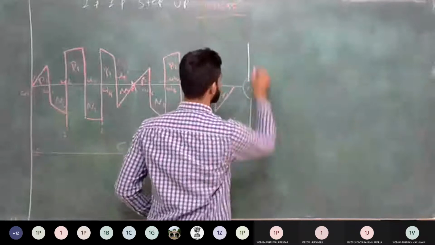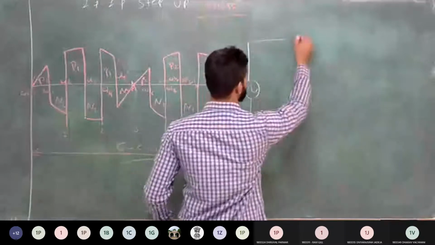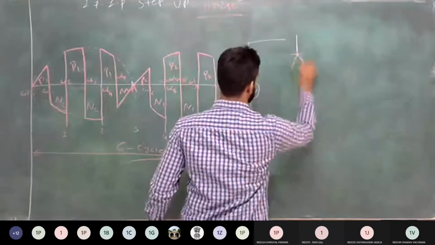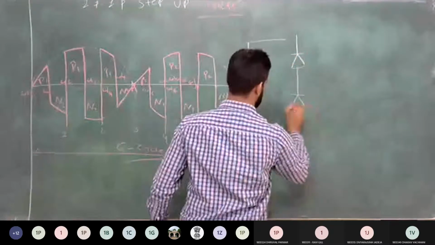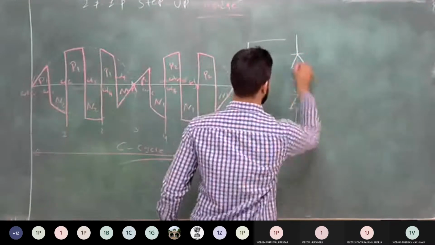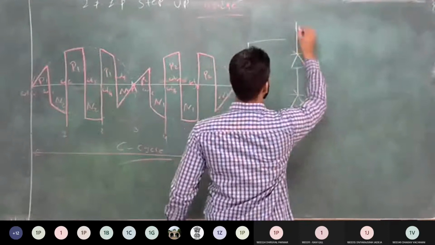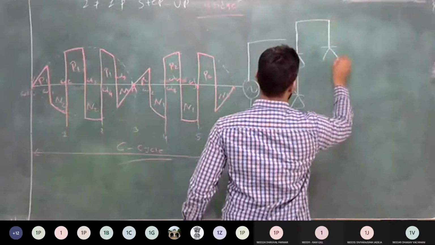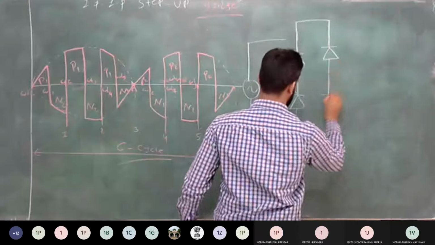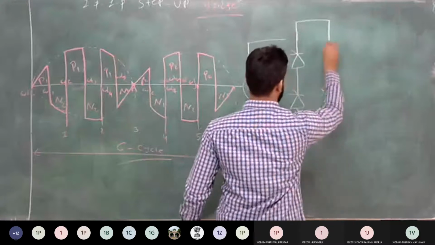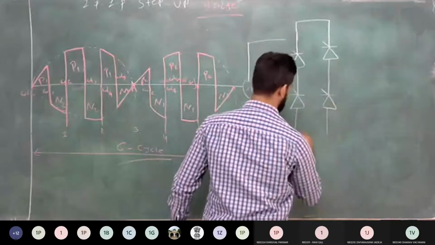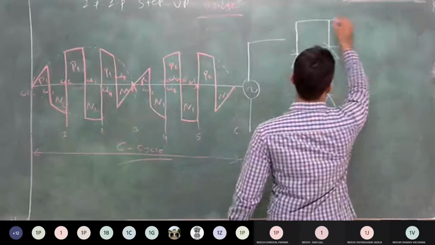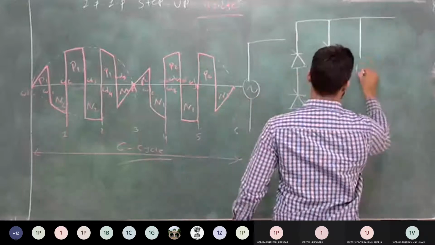This is the supply. Here we require a total of 8 thyristors, 4 thyristors for the positive group and 4 thyristors for the negative group. Here we connect the load.